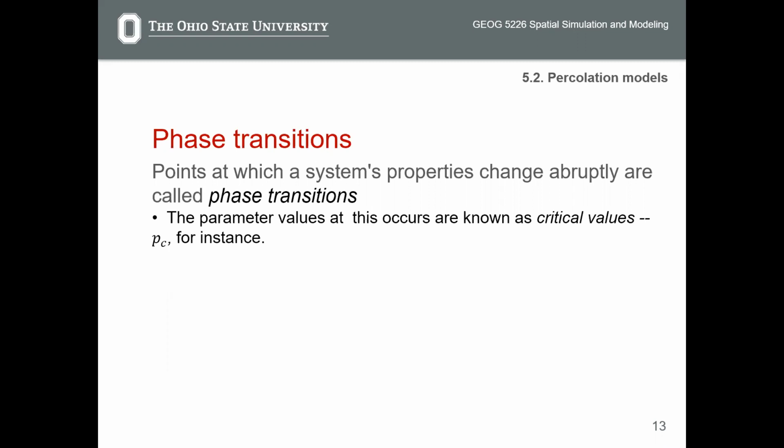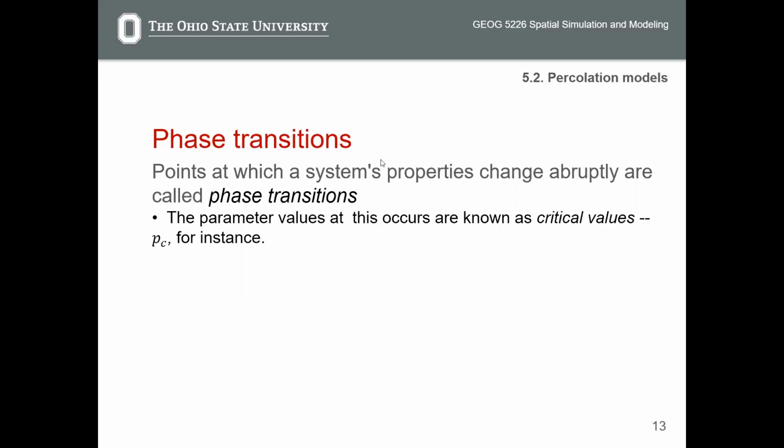You can tell that when the p-value is very close to PSA, or you can say when the p-value is equal to PSA, the percolation models are at this point of transition. The parameter values at which this occurs are known as critical values, PSA, right?